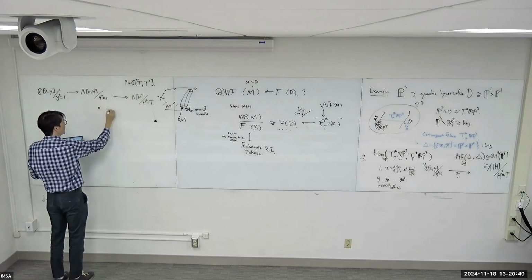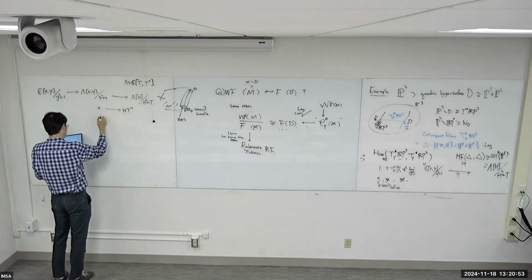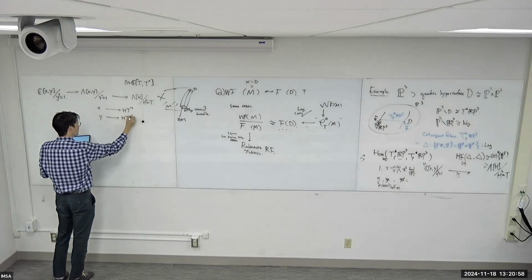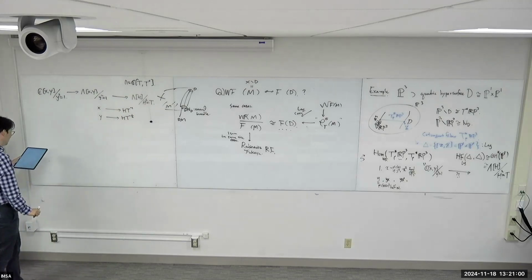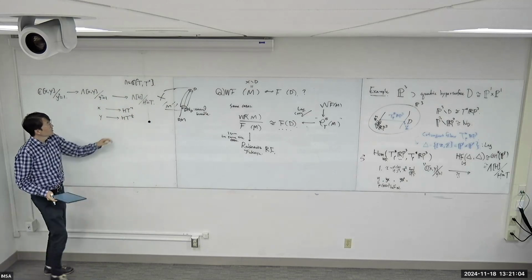And you just define the map x to be ht inverse, y to be ht to the minus 1/2.